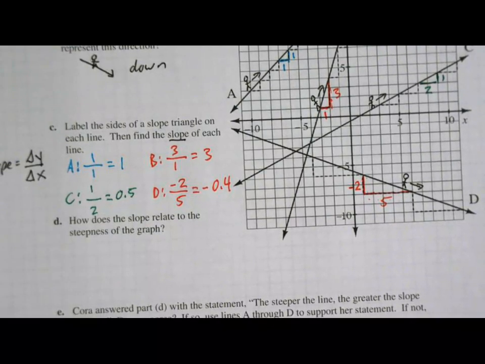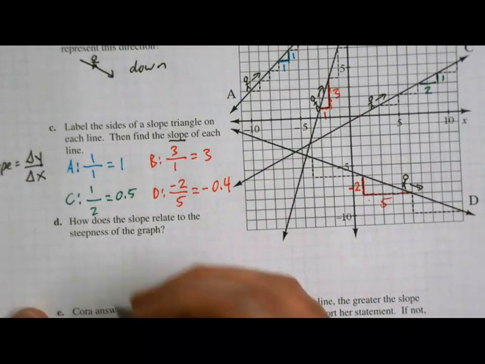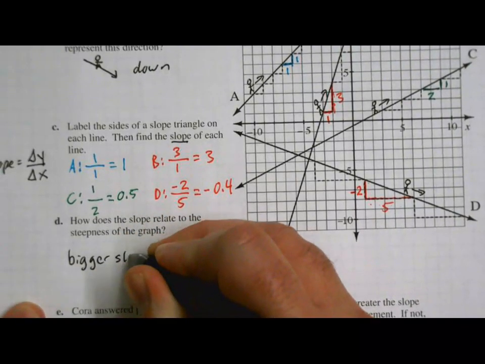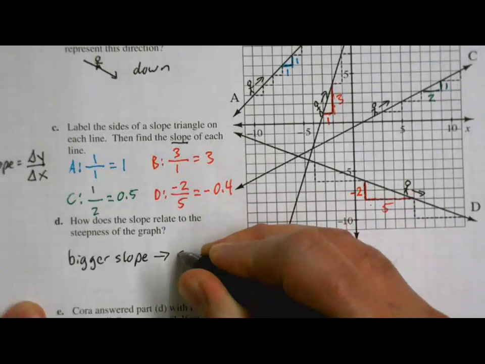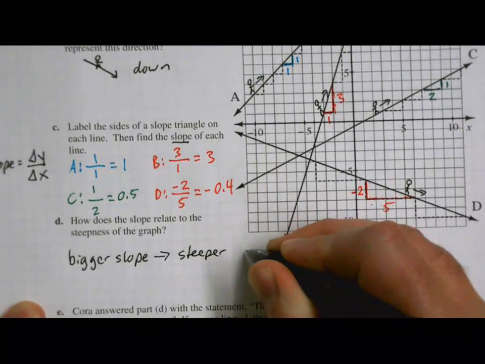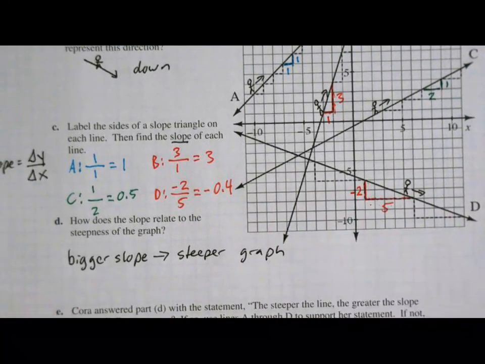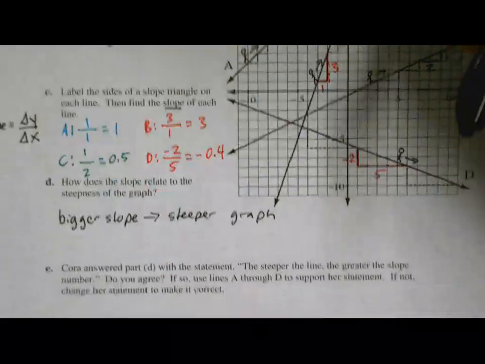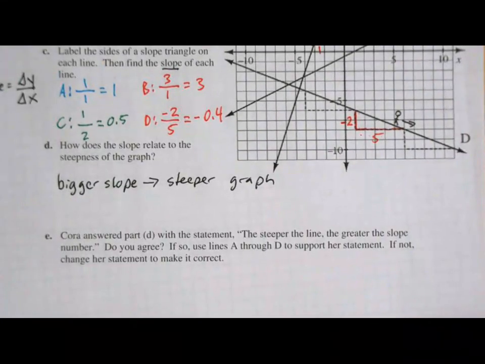All right, part D asks us, how does the slope relate to the steepness of the graph? I'd say the bigger the slope, the steeper the graph. All right, let's look at part E here.